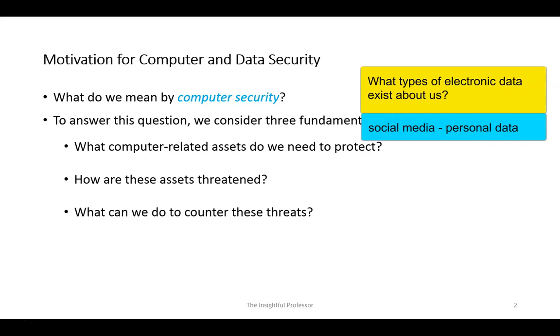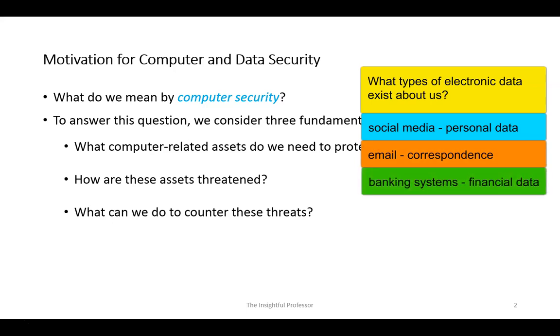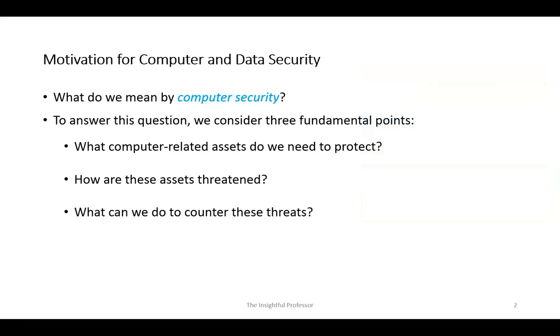We have social media, personal information about us, email, correspondence with others, banking systems, financial data like savings or checking accounts and credit cards, e-commerce, online purchases. This short list identifies only a few electronic systems with which we might interact.